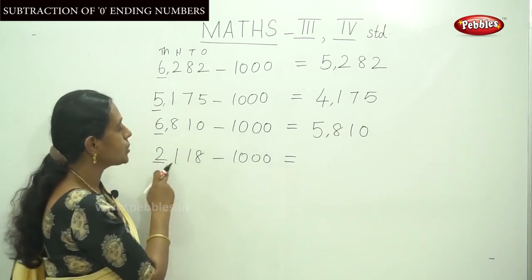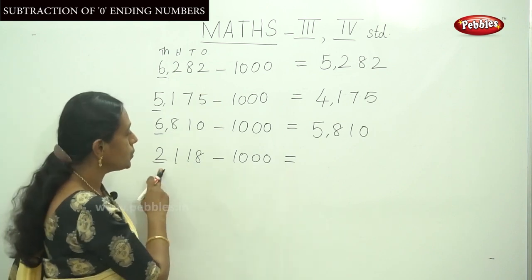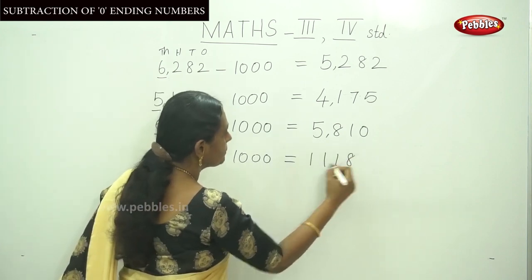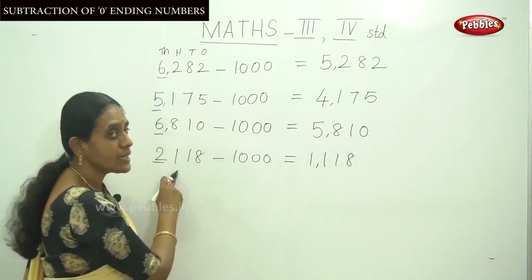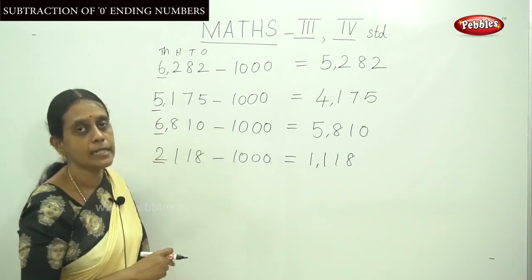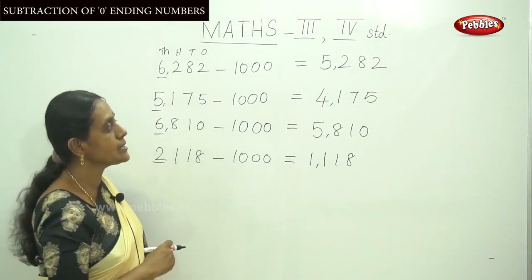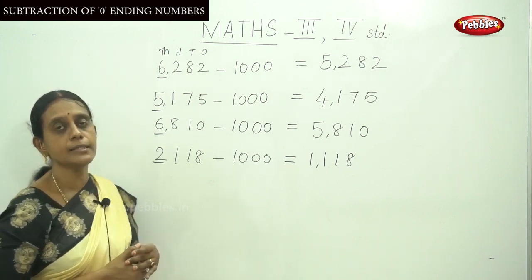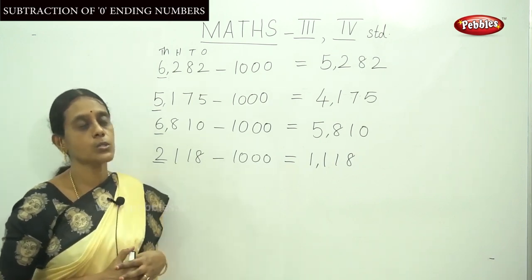And here 2118: 2, the before number is 1, so 1118. So 2118 minus 1000, the answer will be 1118.